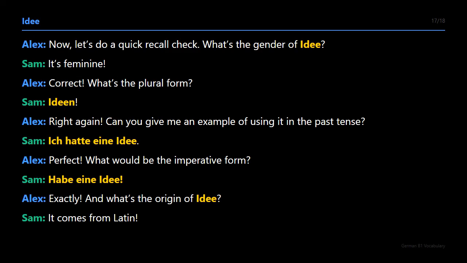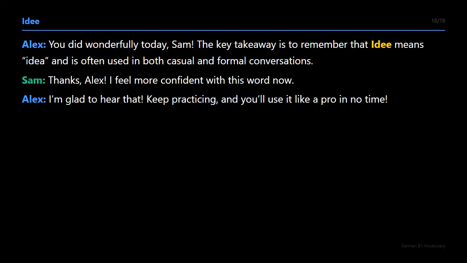Ich hatte eine Idee. Perfect. What would be the imperative form? Habe eine Idee. Exactly. And what's the origin of Idee? It comes from Latin.